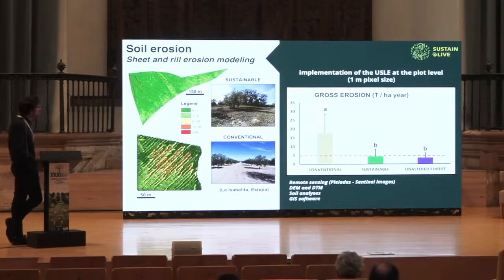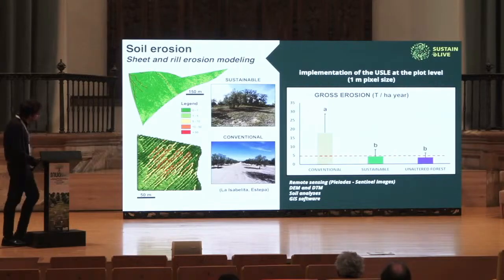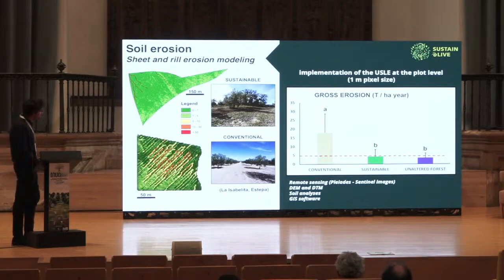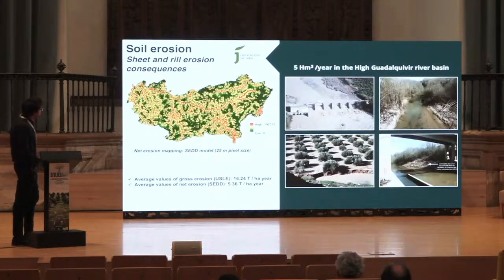We found that, as expected, the soil erosion in conventional plots was an average of 17 or 18 tons per hectare per year, and exceeds the recommended minimum threshold by a lot.